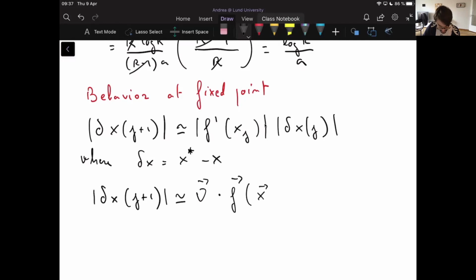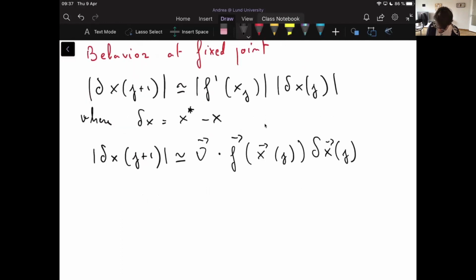So this is x of j, delta x of j. Okay, where, sorry, this is not the gradient, but it's the derivative with respect to x.